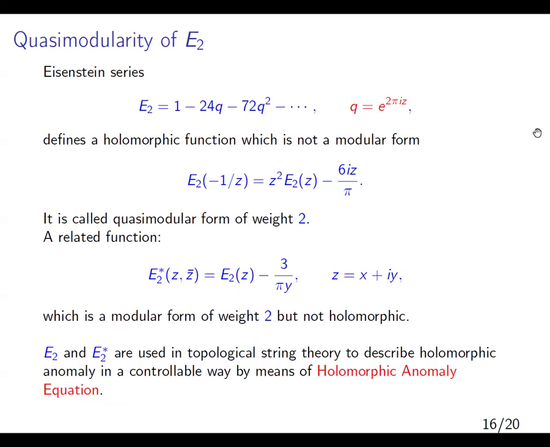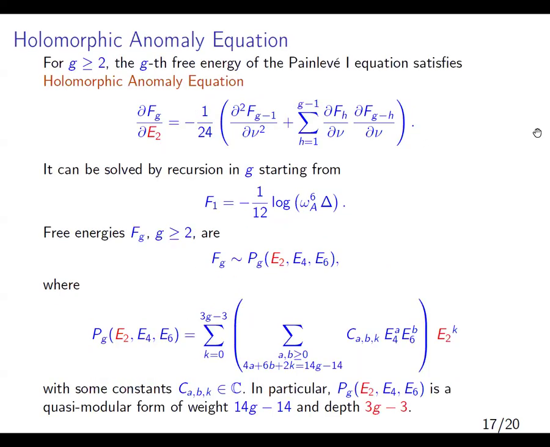It led to the holomorphic anomaly equation written here. It's like a recursion relation for free energies. It's quite universal for many theories, and in particular for the Painlevé equation.